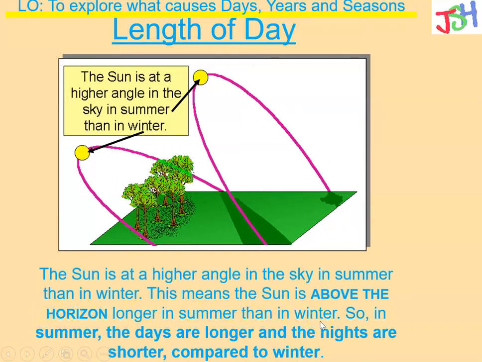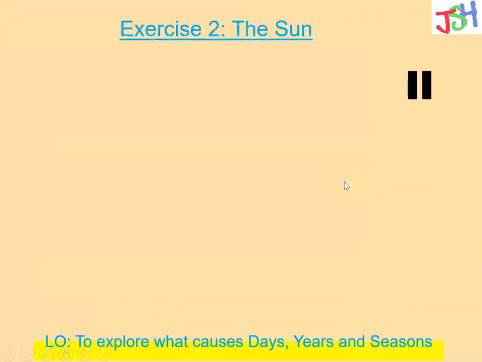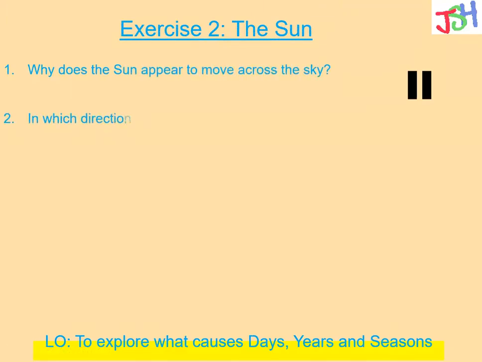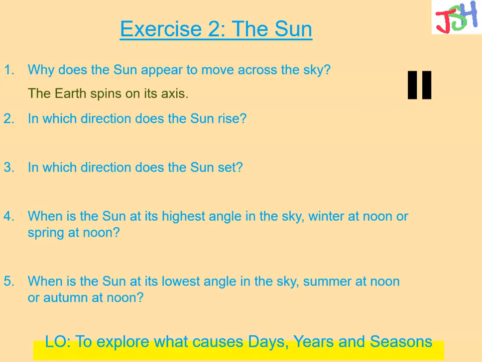So in winter, we have shorter days, while in summer, we have longer days. Why? Because the sun is at a higher angle in the sky in summer than in winter, as we can see here.